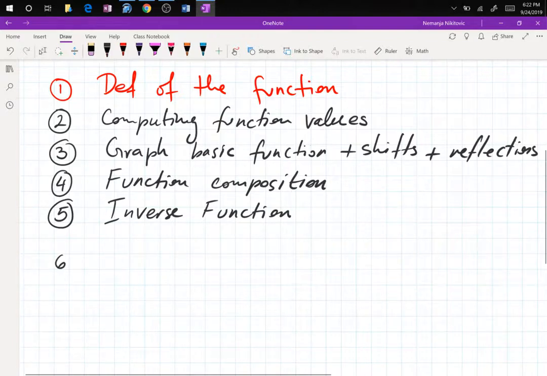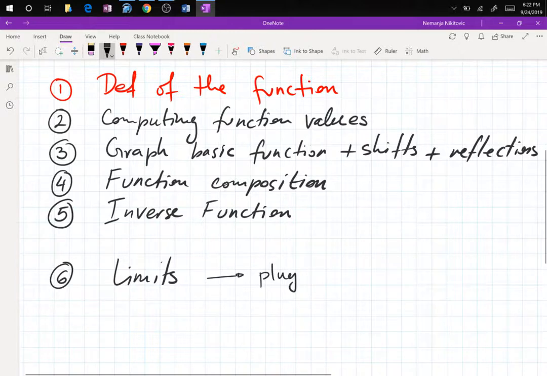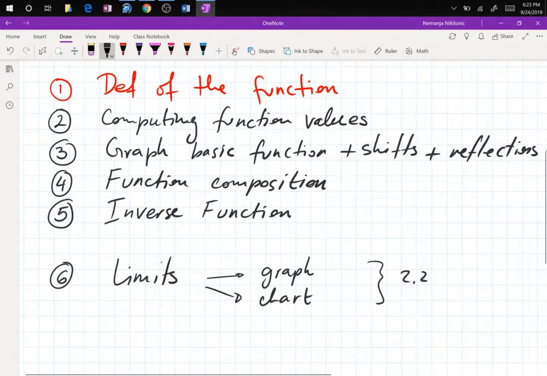For chapter 2, I'm going to leave some space in between. So for chapter 2, we are focusing on limits. And the limits can be computed as plug-in. Let's start with the graph and the chart, because both of those are in 2.2.